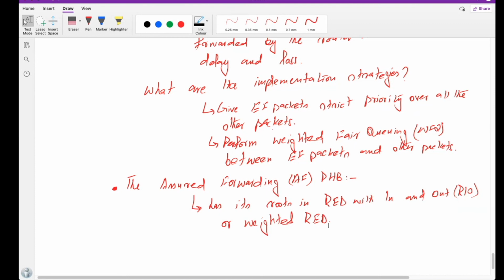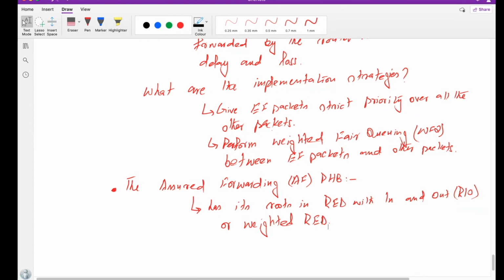So this concludes today's lecture. In today's lecture, we talked about quality of service. We established a case that we need a new service model that can fulfill the requirements of real-time applications in addition to traditional best effort delivery based applications.